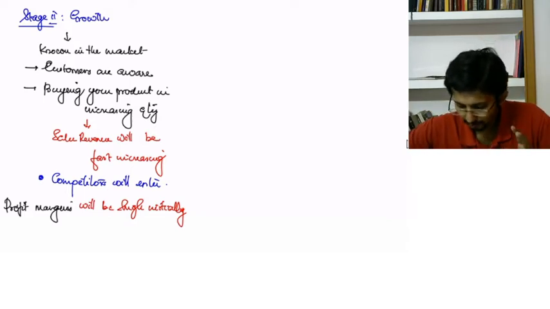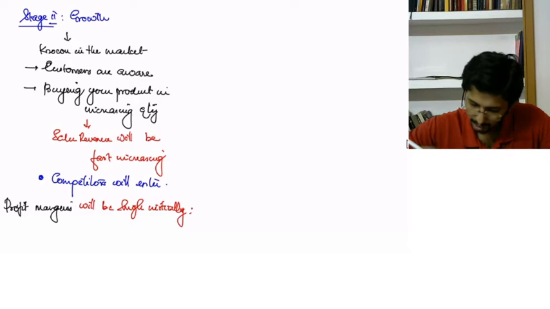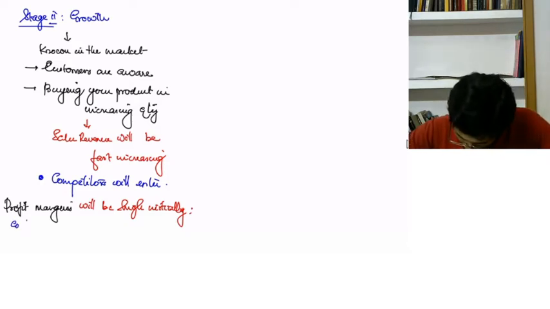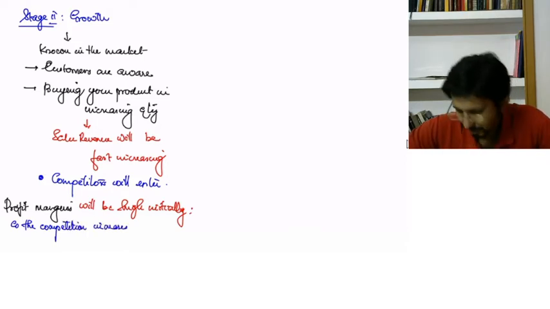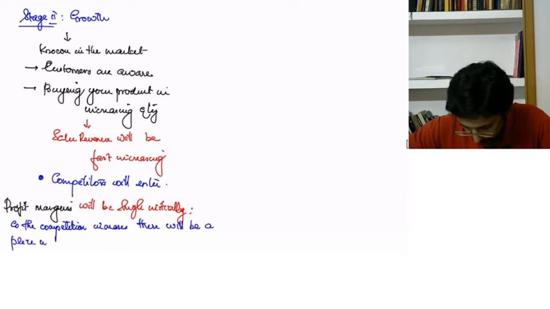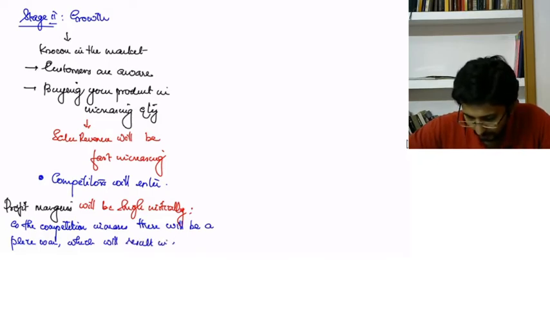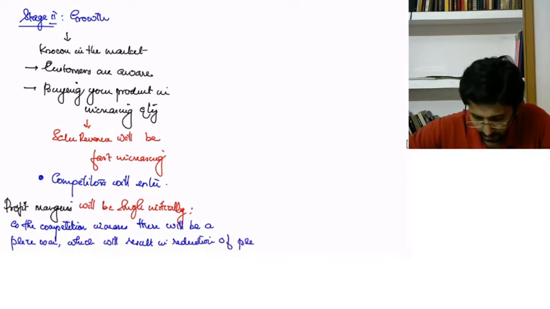So the profit margins will be high initially, but as the competitors come, as the competition increases, there will be a price war, which will result in reduction of profit margins.